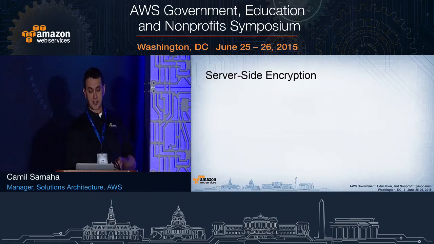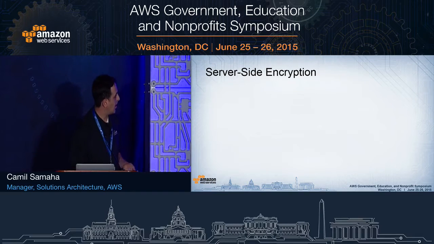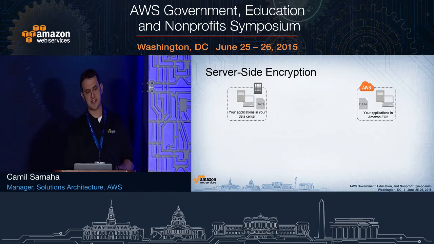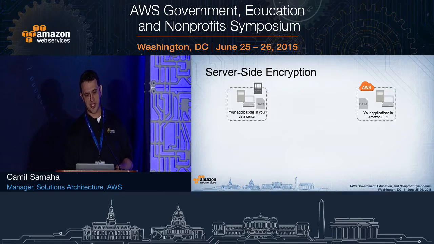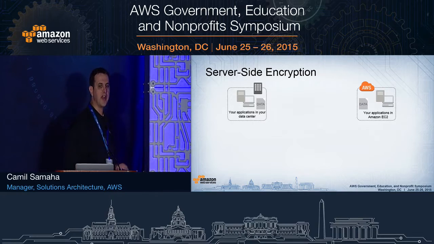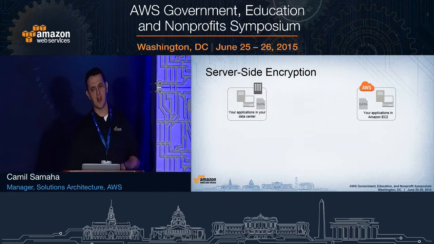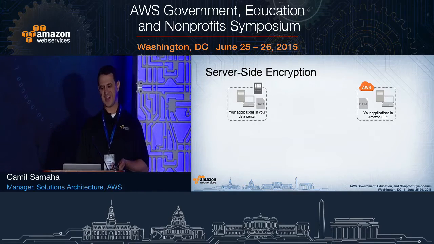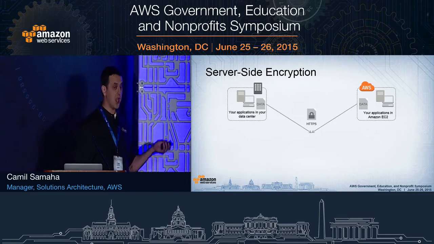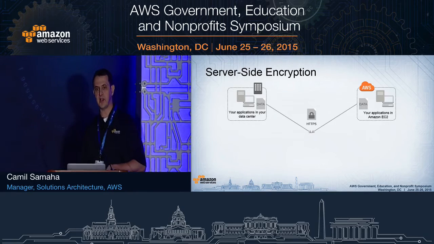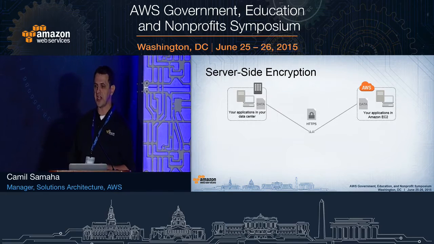So let's talk about server-side encryption. In this case, similarly, you'll have your application either running in your own data centers or running in AWS. And you want to send that data over a secure connection leveraging HTTPS.